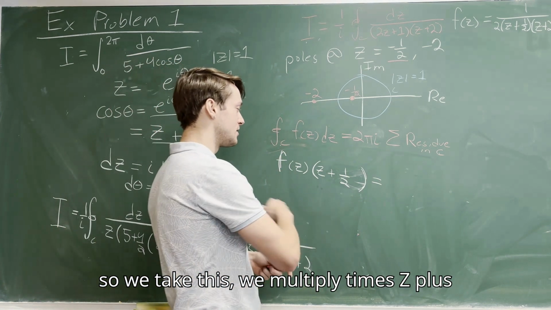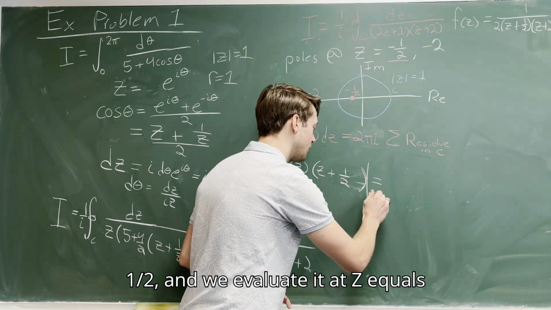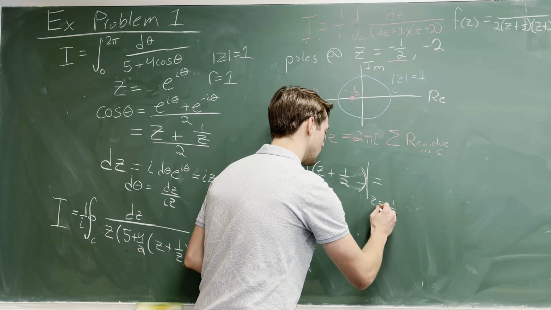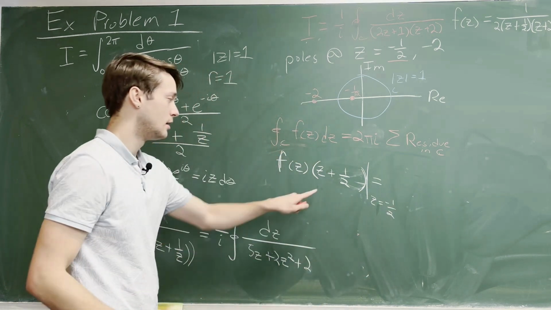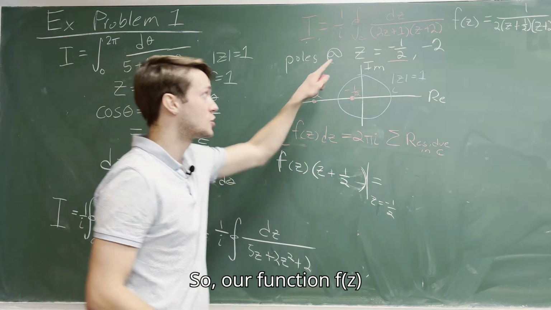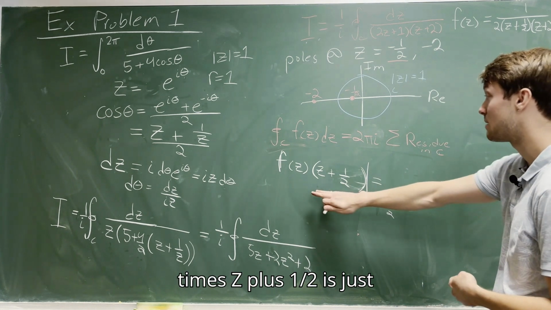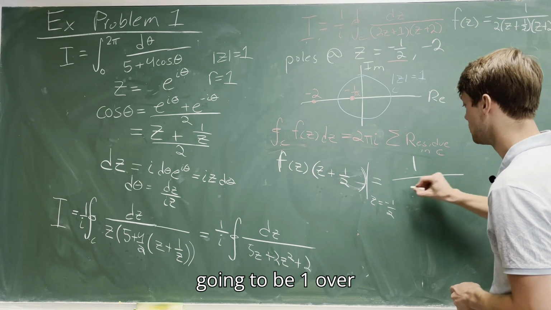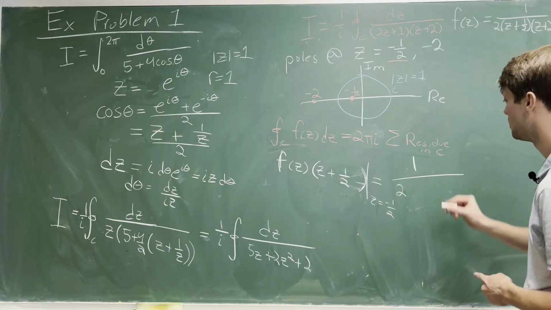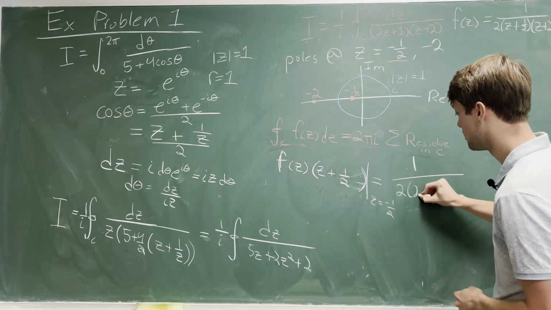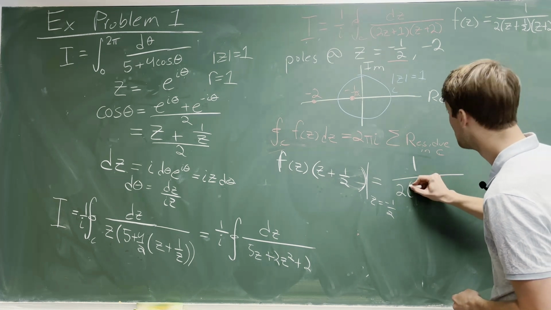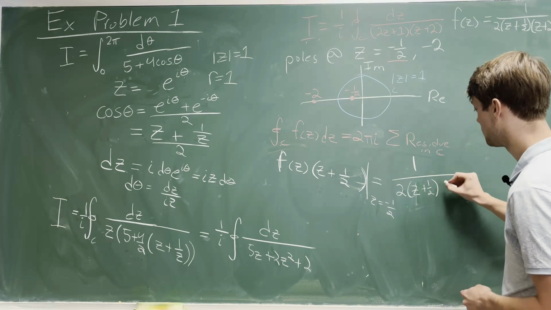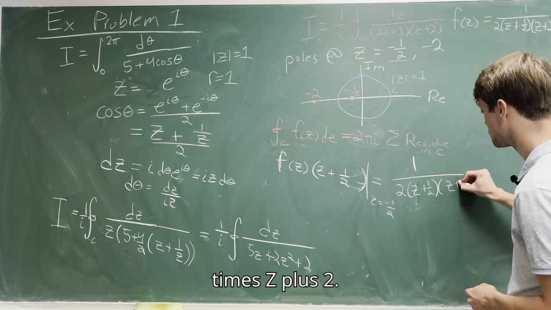And so we take this, multiply by z plus 1/2, and evaluate it at z equals minus 1/2. So our function f of z is 1 over 2 times z plus 1/2 times z plus 2.